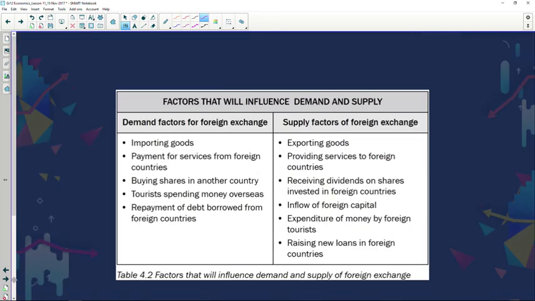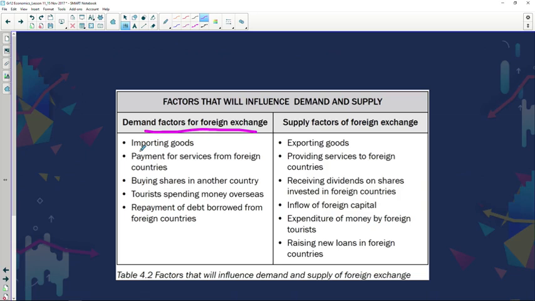What are some of the factors that will influence demand and supply? We'll start with the demand factors for foreign exchange. The first one is importing goods. If you are bringing goods from other countries into your country, that will cause a demand for foreign exchange. And then payment for services from foreign countries.